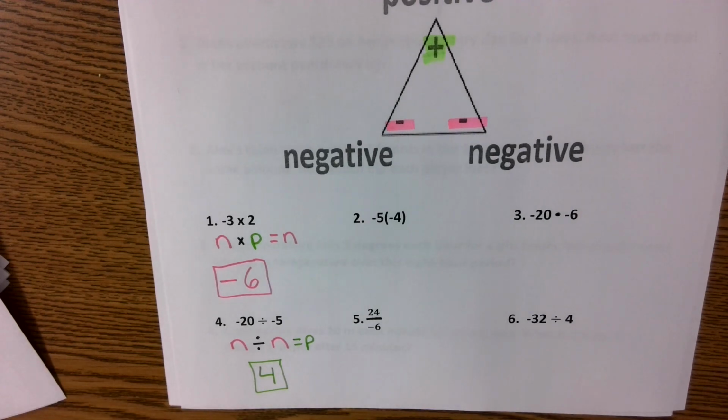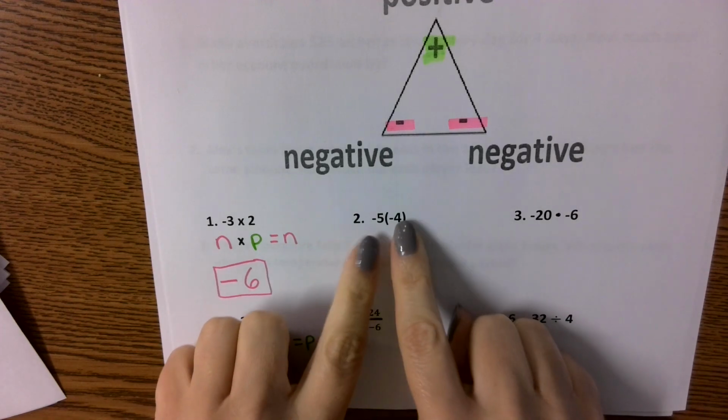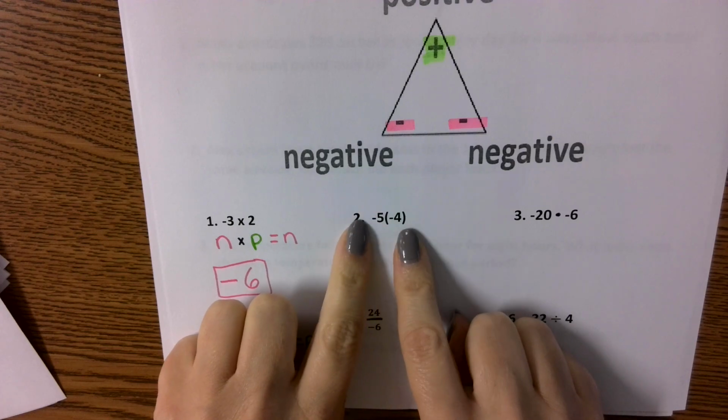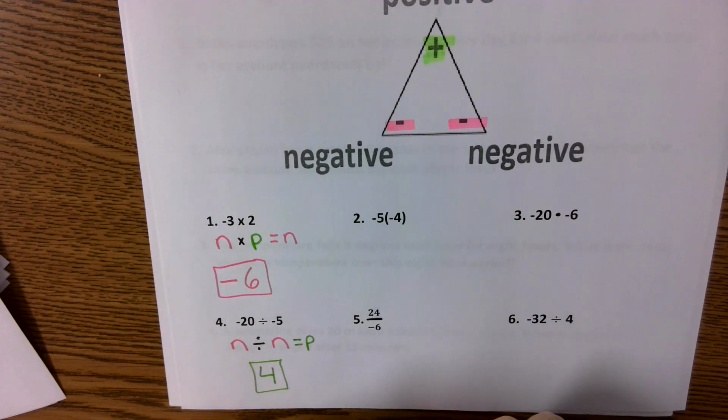Okay, who wants to share what they got for number 2? Negative 5 times negative 4. Damien? Positive what? I just put a positive. Okay, but we also want to work it out. We want to do 5 times 4. CJ? 20, okay.